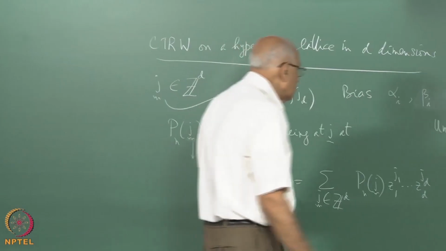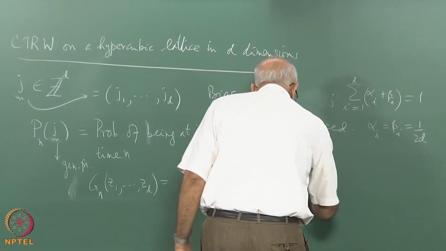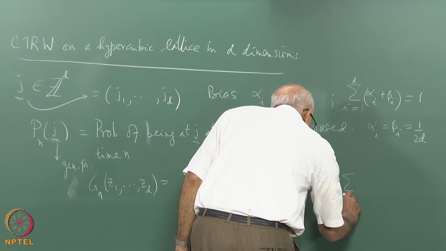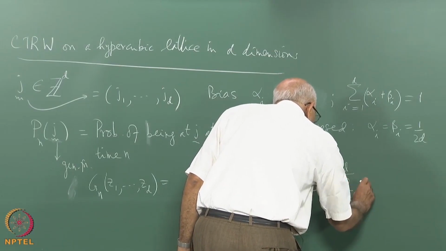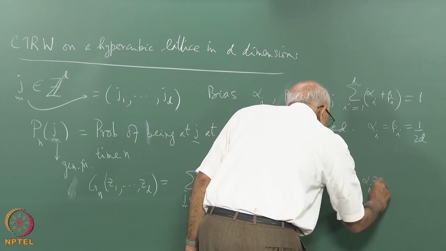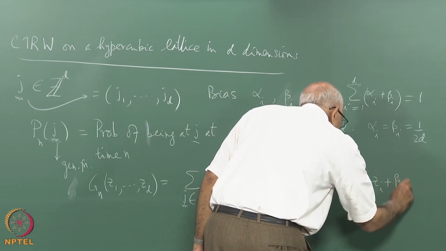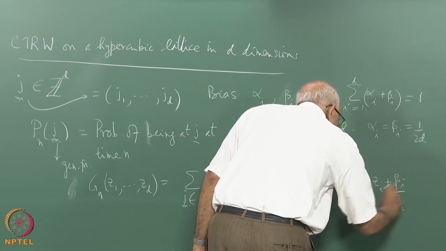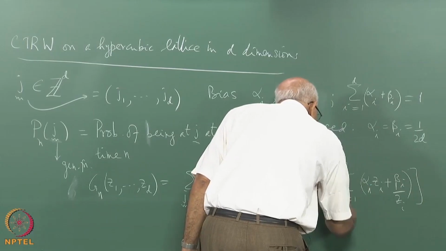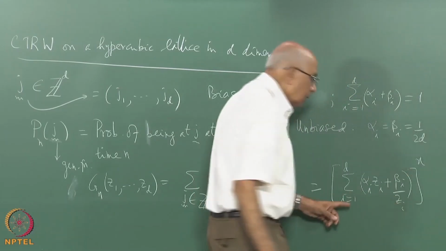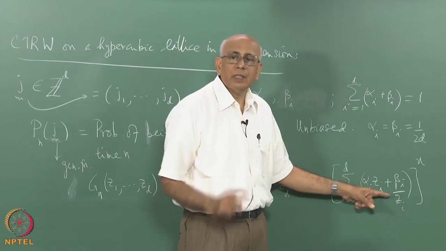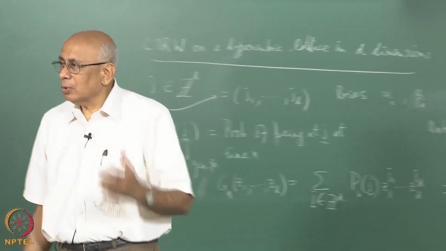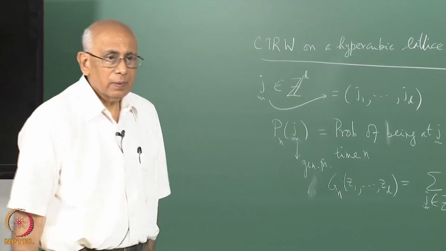So in the general case, this quantity here is equal to summation I equal to 1 to D of alpha I Zi plus beta I over Zi, the whole thing to the power n, because this is the generating function for a single step, which could be in any one of the 2D directions.